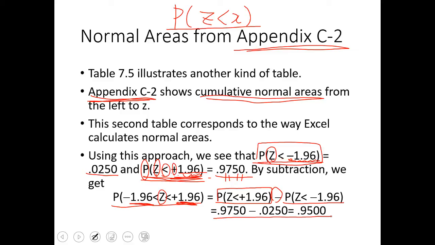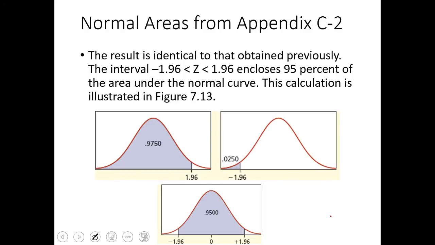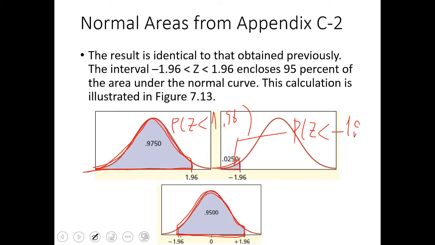Okay. So using appendix C2, we can calculate the normal distribution. That is the illustration. We would like to know this area, a part of this bell shape. To do that, we calculate this area and this area. This is the probability that z is less than plus 1.96, and this area is the probability that z is less than minus 1.96.